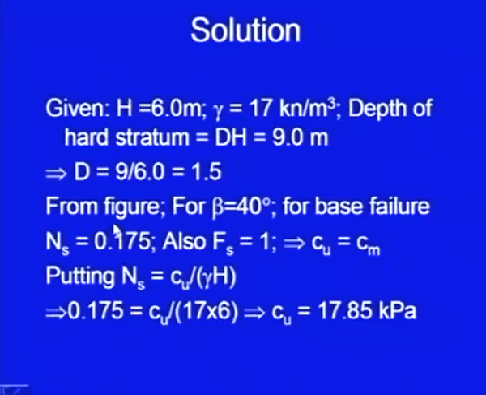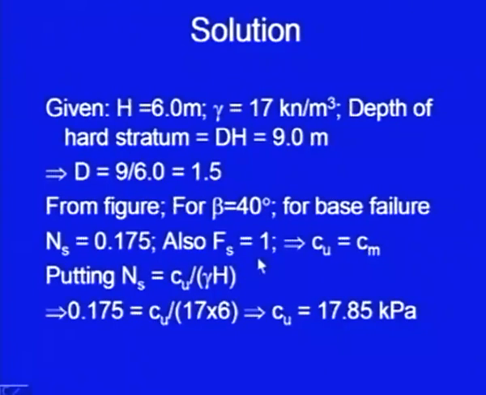Now, from the figure which I was discussing, where d and n and the stability numbers were available, for beta equal to 40 degree, and now I use the base failure curve, the chart for the base failure is used, and you will be getting Ns is equal to 0.175.